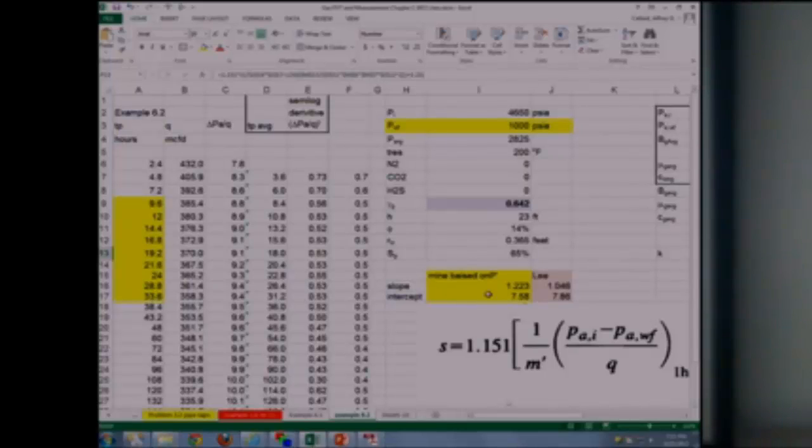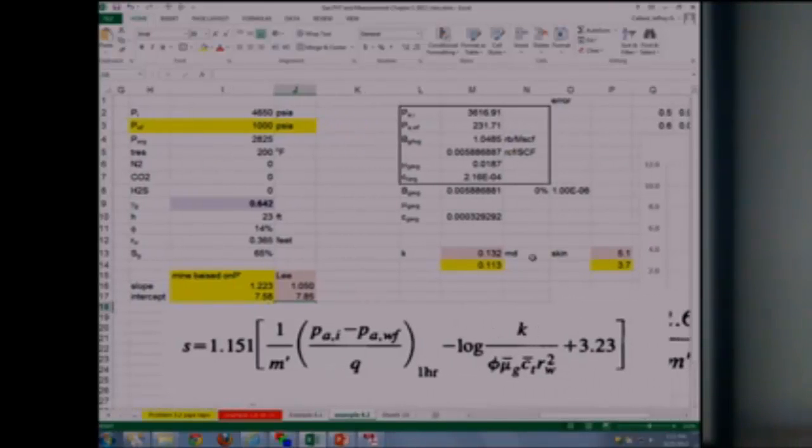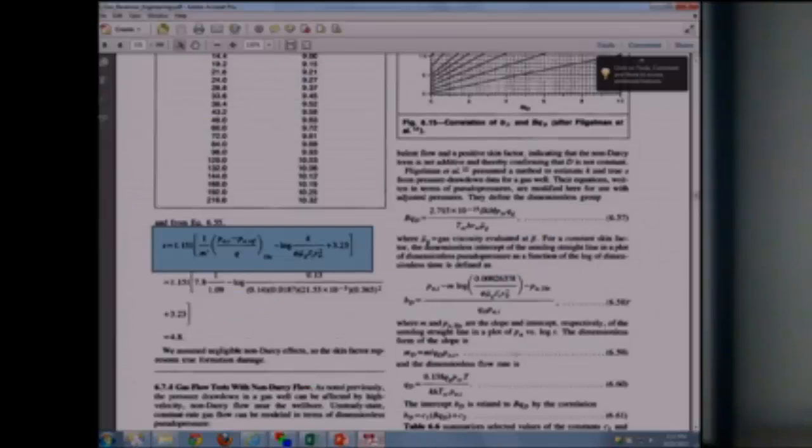Well, that's about what I did. You see, I started at 38. I can move that up to maybe 1 data point for both the slope and the intercept. I've got to be consistent. Whatever straight line I have, I've got to use both that slope and the intercept. That's my best guess of what the textbook used. And that slope and intercept gives me a perm of 132 and a skin of 5.1.